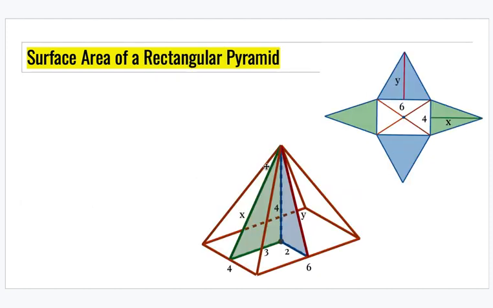We'll now look at the surface area of a rectangular pyramid. As mentioned earlier on, there are two pairs of triangles with different height. So we call one of them X and the other one Y. And these heights are formed with the height of the pyramid. Let us find X first.